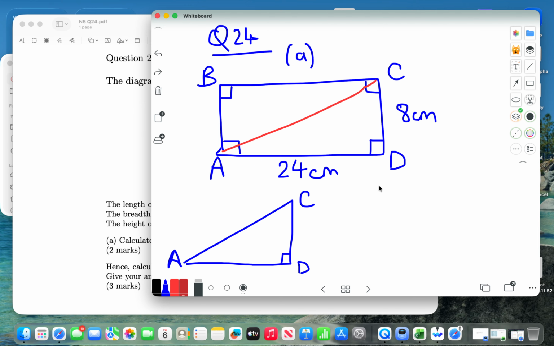So we can do AC squared, with AC as the hypotenuse, is AD squared plus CD squared. Plug in AD is 24 and CD is 8.